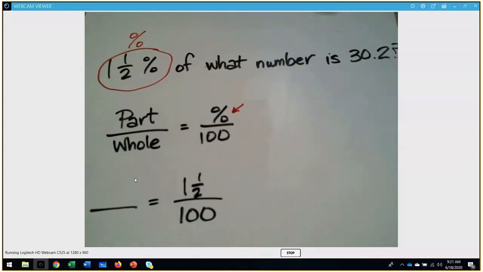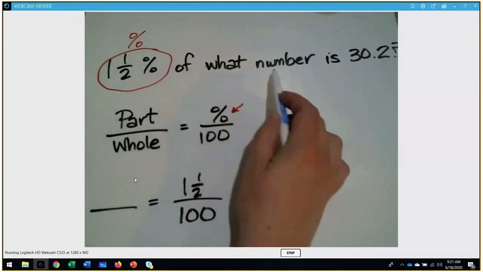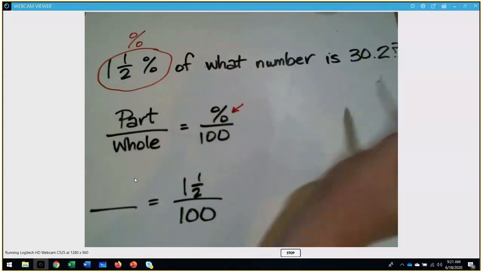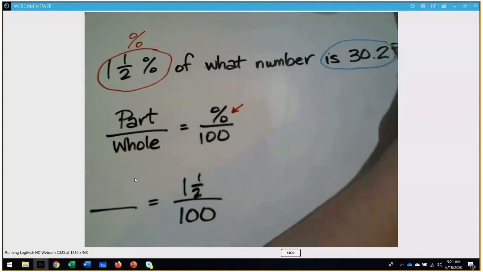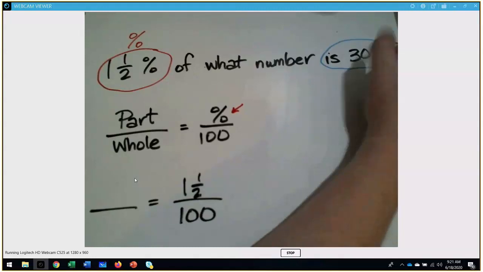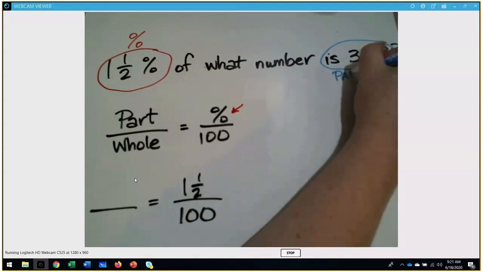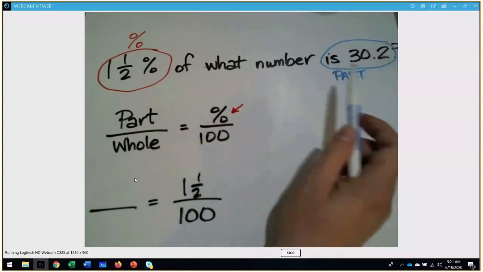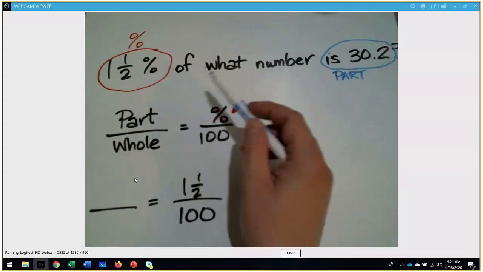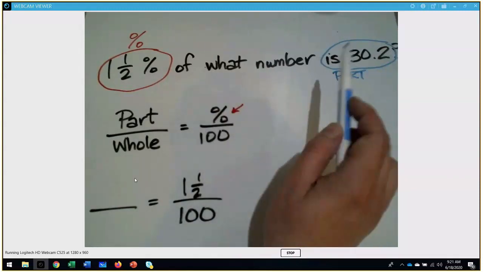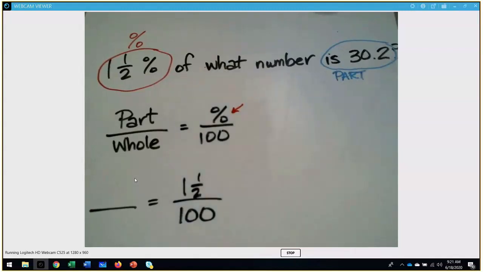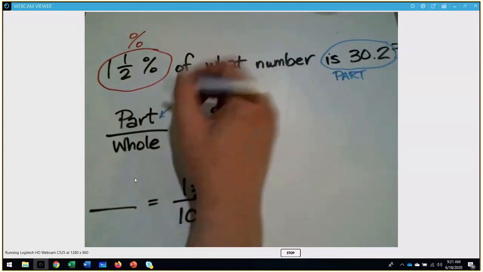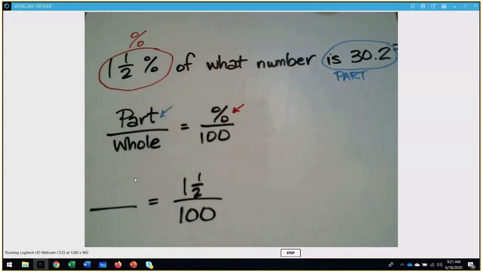When I read this to myself, I see of what number is 30.2. This thing here, because it's next to the word is, is the part. Anytime you're reading these percent problem sentences, when you find is, that's the part. So I'm going to substitute the 30.2 up in the top.